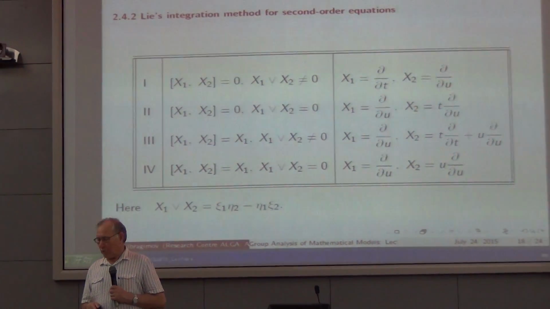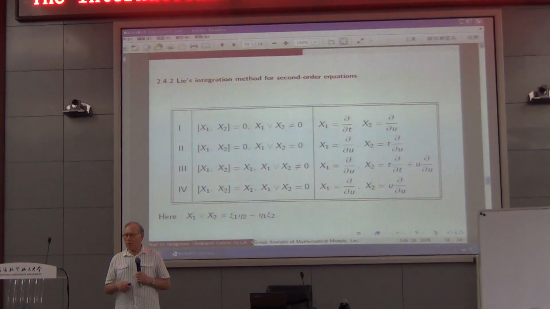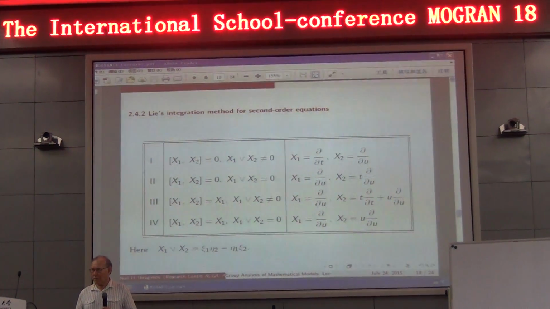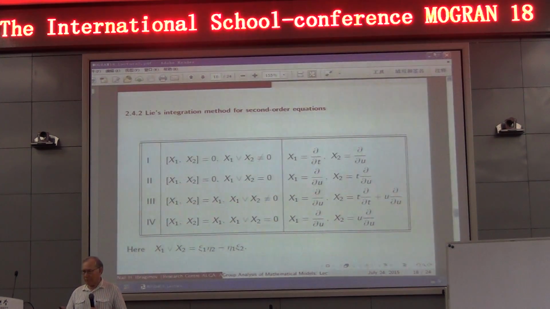It was shown, and it's easy to show, that in the complex domain, any three-dimensional algebra has a two-dimensional subalgebra, meaning that you make a linear combination with complex coefficients.